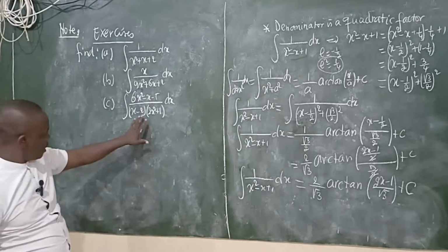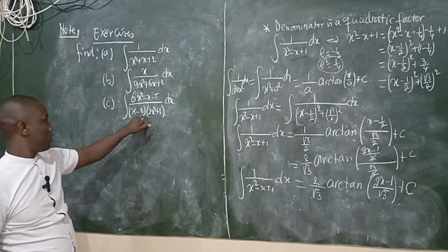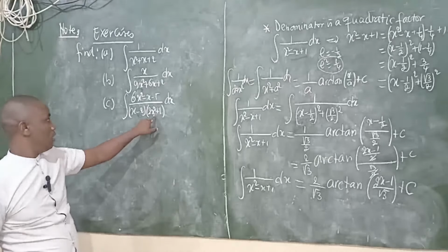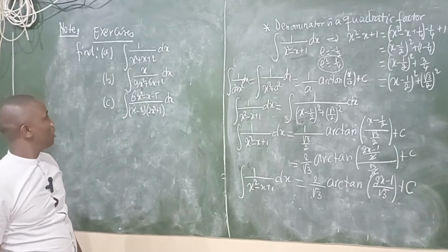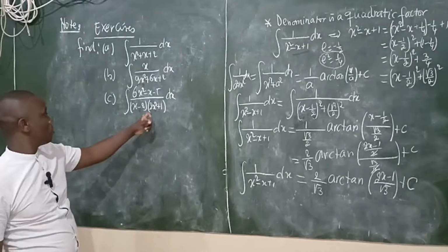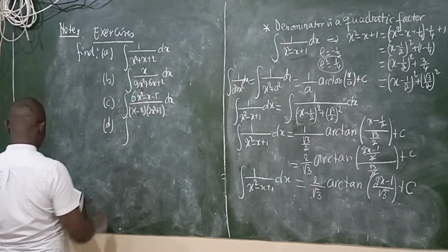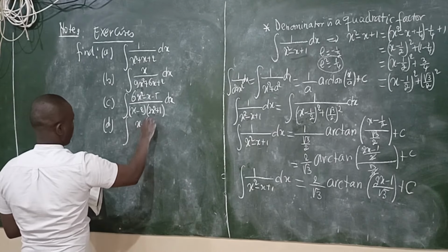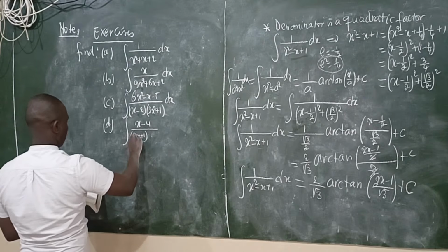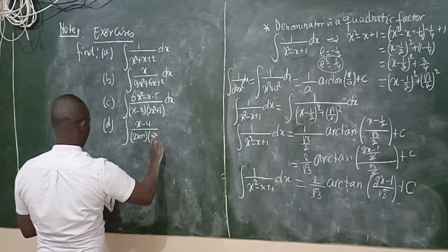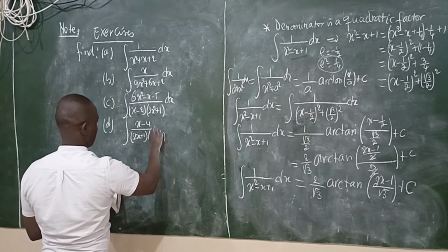Because on the denominator we have a product of a reduced linear factor and an irreducible quadratic factor, this is good when using partial fraction integration. The last question, D, is the integral of x minus 4 divided by 2x plus 1 times x squared plus 2.